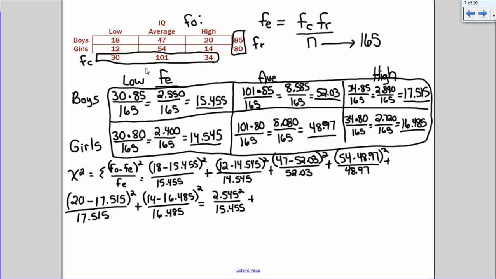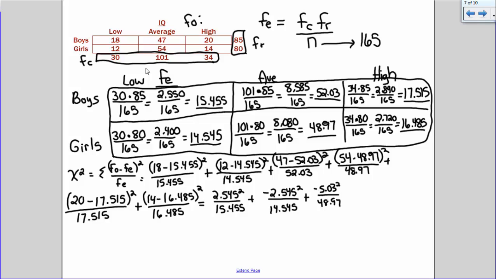And I'm just going to go through and do all of these. So then we have negative 2.545 squared divided by 14.545, plus negative 5.03 squared divided by 48.97.